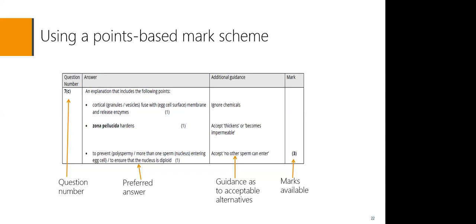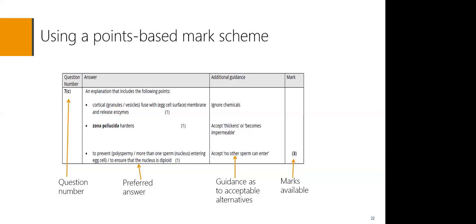But zona pellucida is the only term that is acceptable for that part of the mark. Now, if we have a look more closely at the first marking point in this mark scheme, these conventions with brackets apply to any A-level mark scheme.